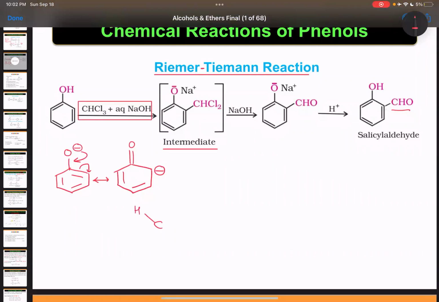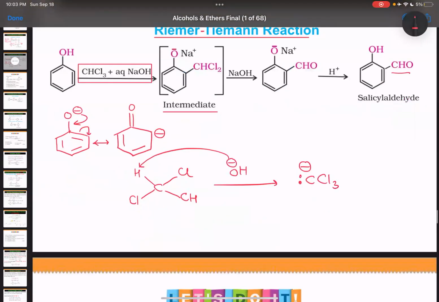This chloroform has an acidic hydrogen. The H plus will be abstracted by the base OH minus. So first you end up with a carbanion.